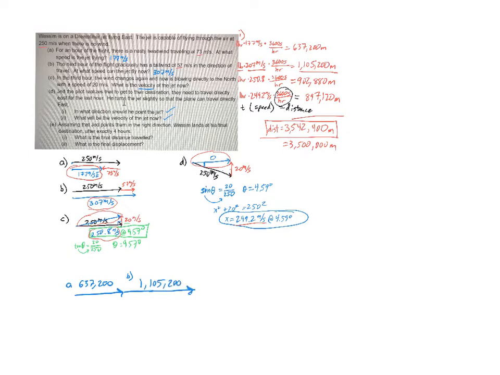Okay, the next one is also horizontal. The D is horizontal. I'm actually going to add the D before I do the C. The D was 897, so not quite as long as the second one. 897,120. All right, now this last part, my final displacement is from letter C.